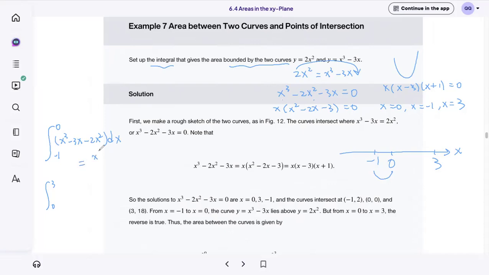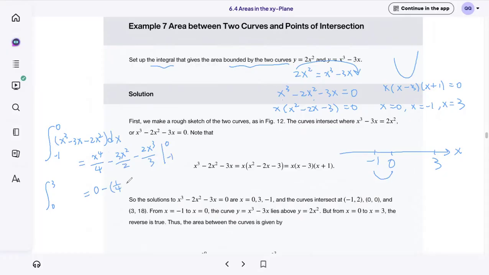So I have x to the 4th divided by 4, minus 3x squared divided by 2, minus 2x cubed divided by 3. Then we evaluate. Evaluate at 0, get nothing. 0 minus, evaluate at -1. -1 raised to 4 is +1, so we have +1/4.